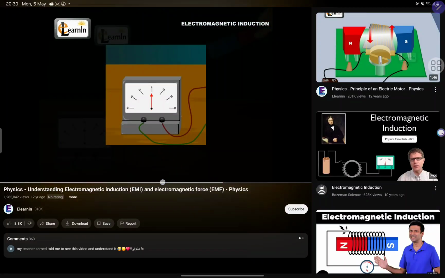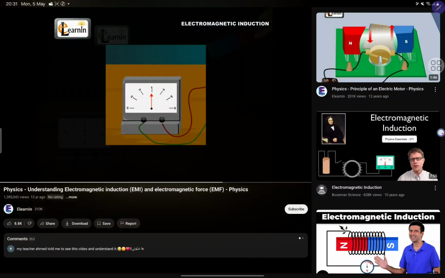And that's what we call induced current or induced EMF. It happens when there is a change in the magnetic field passing through a wire.